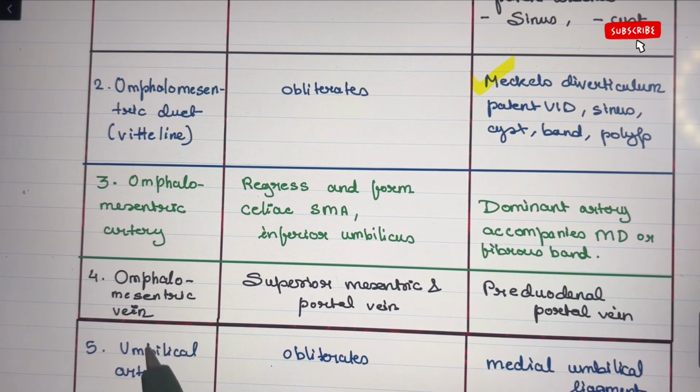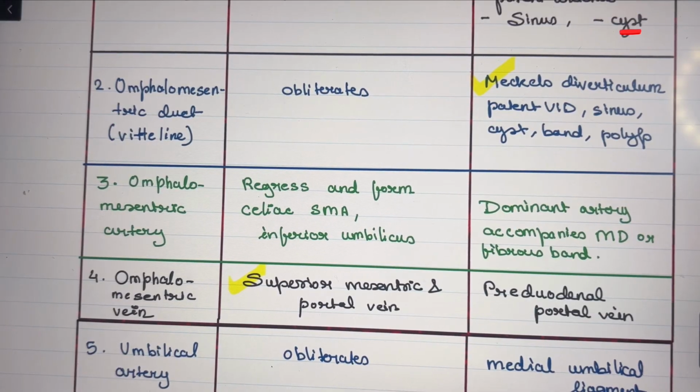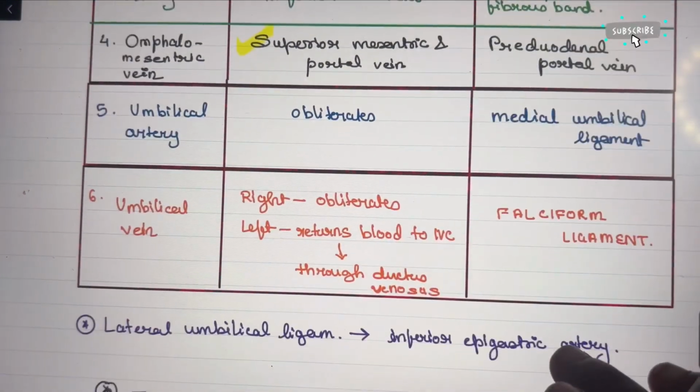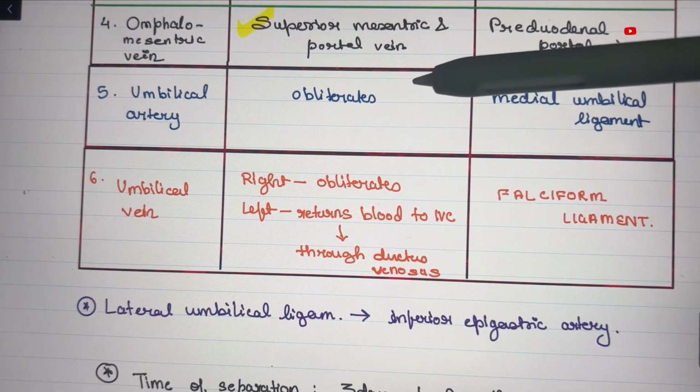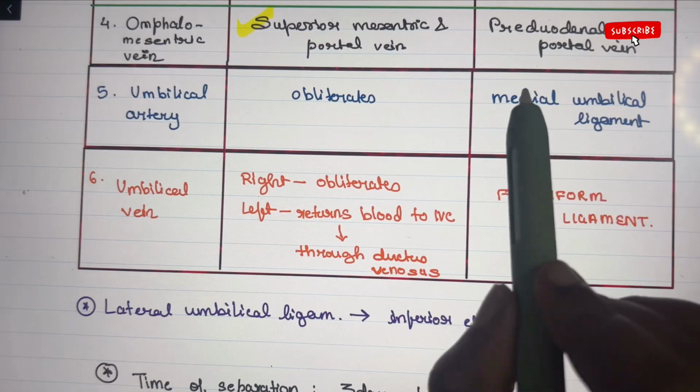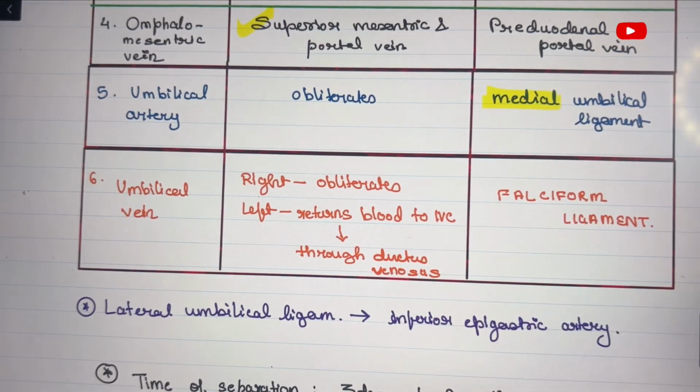And we have the omphalomesenteric vein. Omphalomesenteric vein forms the superior mesenteric vein and portal vein. And if it also persists, then it will also have a name, that is pre-duodenal portal vein, which is a derivative of omphalomesenteric vein. Now we have the umbilical artery, which generally obliterates, and remnant of umbilical artery is medial umbilical ligament.